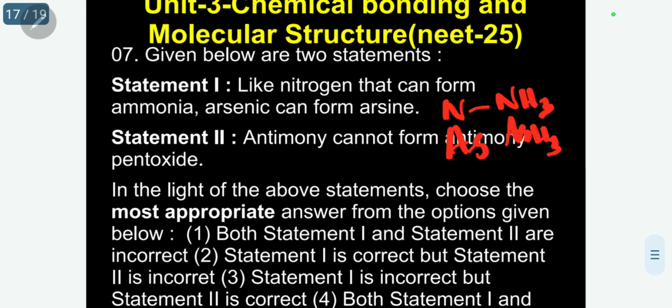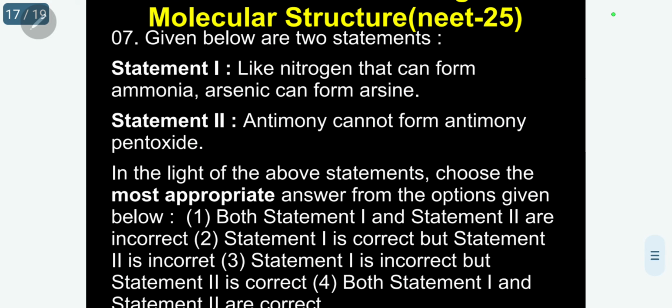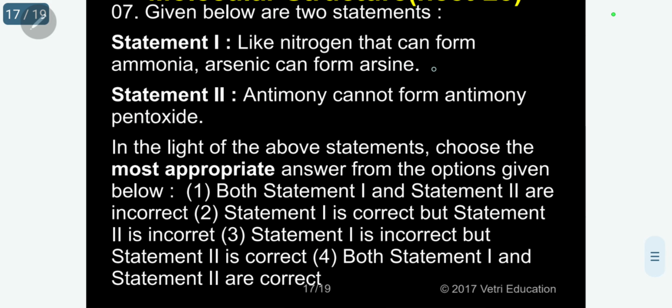So there are two statements given. In the light of the above statements, what is the correct option? You have to identify. Choose the most appropriate answer from the options given below. 1. Both statement 1 and statement 2 are incorrect.